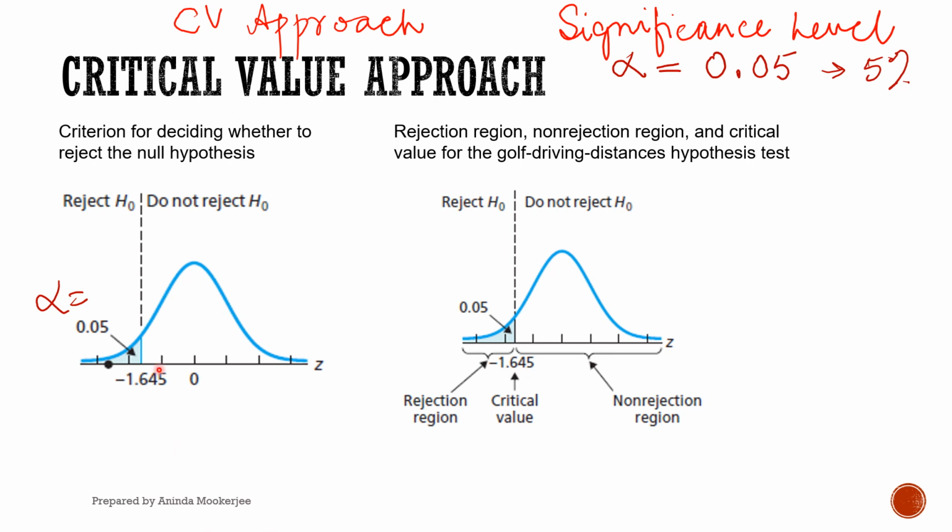So the cutoff is going to be at the point on the curve where the area is 0.05 of the reject region.